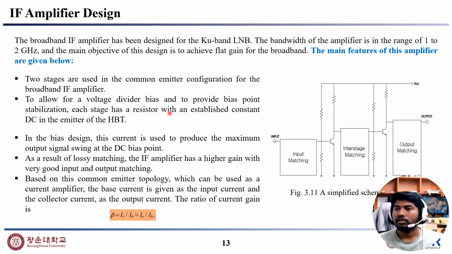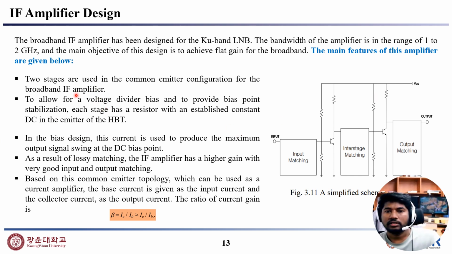The main features of this amplifier are given here, and in the right figure you can see a simplified scheme for IF amplifier design. For this we have three main blocks: one is input matching, then inter-stage matching and output matching. These three matchings are very important for IF amplifier design.